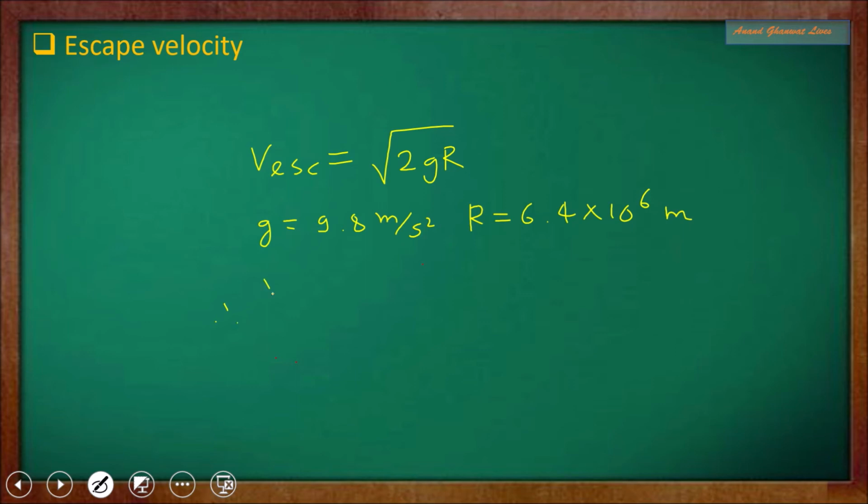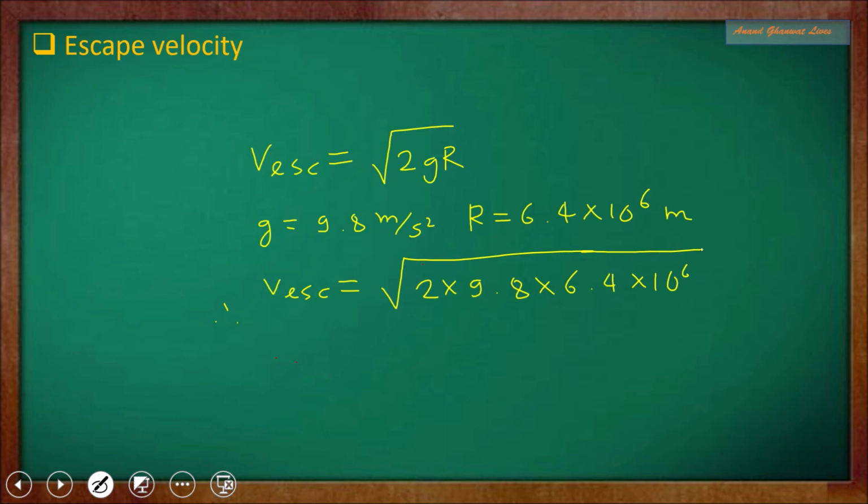Therefore escape velocity is equal to under square root 2 into 9.8 into 6.4 into 10 raised to 6. Now do the calculation. It is 125.44 into 10 raised to 6.